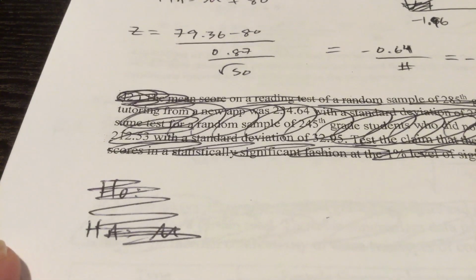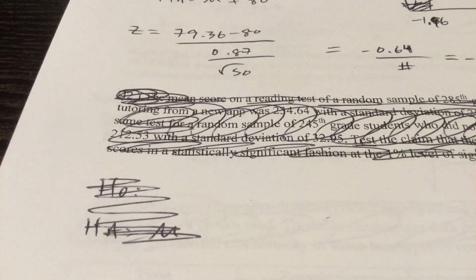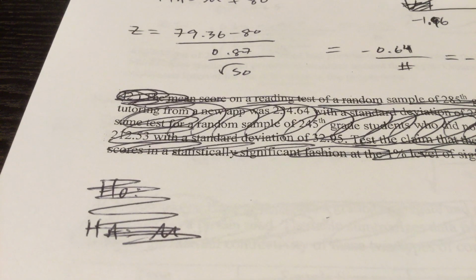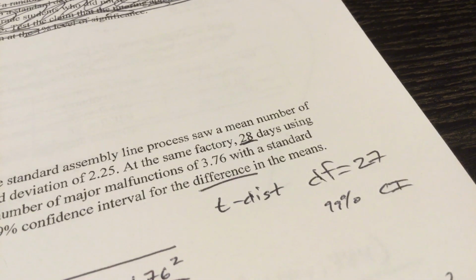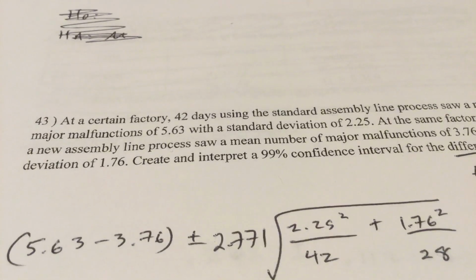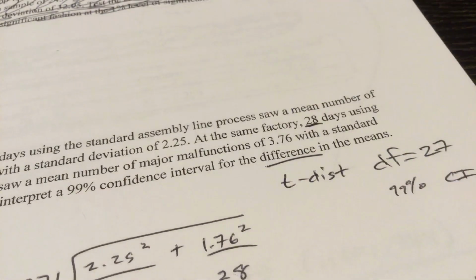Now, I've gotten rid of this 42. You can too. I don't think we talked about these a ton. That was going to be in the later part of March, early part of April, so you can get rid of 42. 43, create and interpret a 95% confidence interval for the difference. 28, 42. 42 is greater than or equal to 30, but 28 is not.